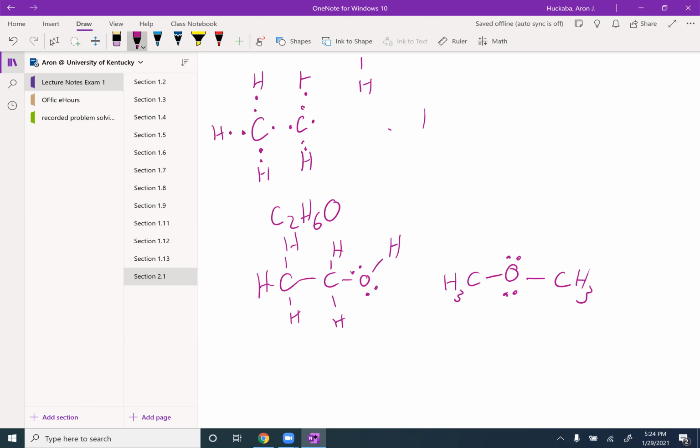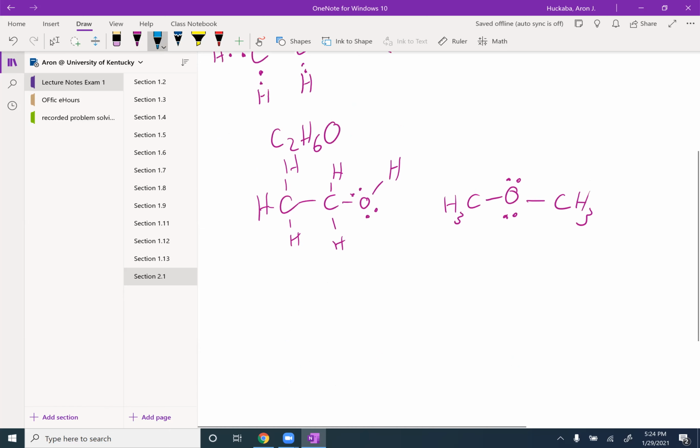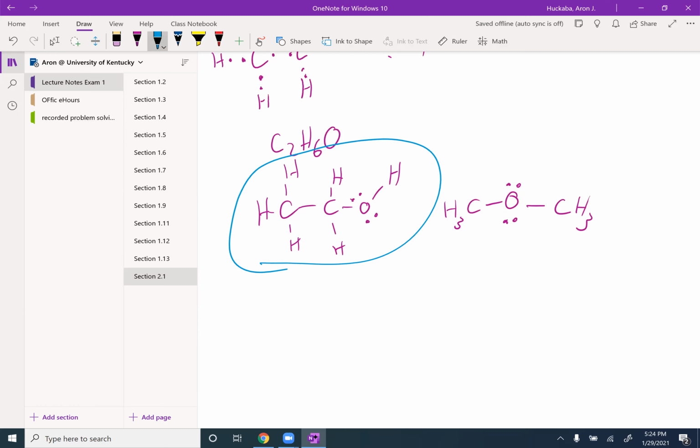But the molecular formula doesn't tell you which one you're talking about. So that's clearly not the best way to communicate about molecules. In fact, often it can be downright misleading. So what's a better way? Well, you just saw me draw a Lewis structure, right?